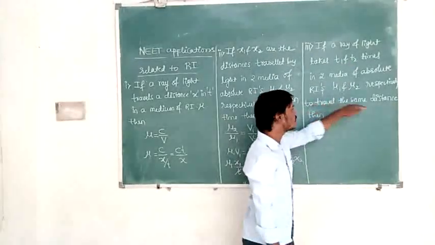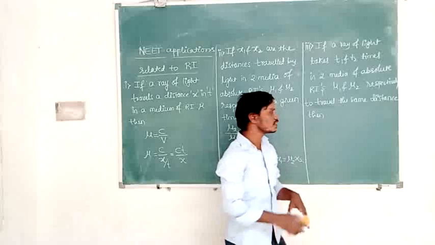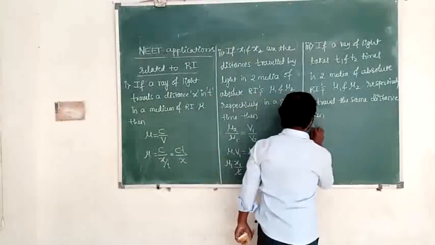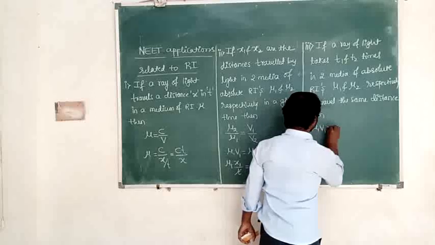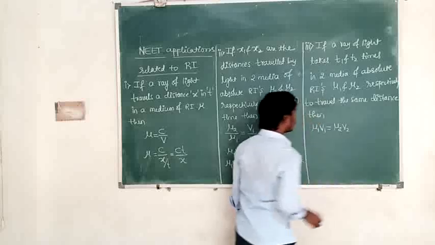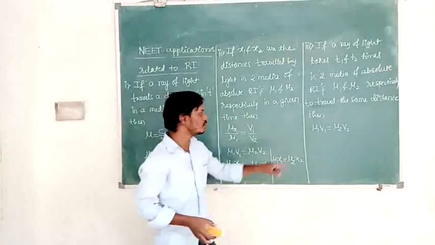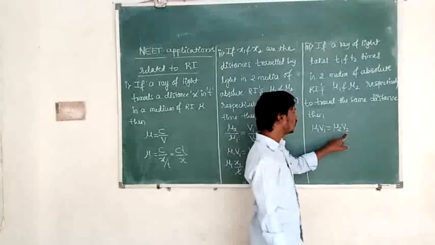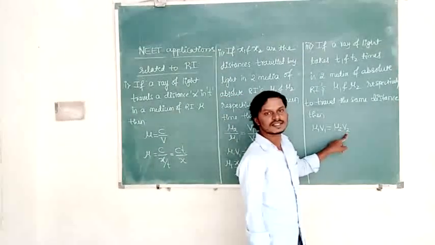The distance travelled is the same. Then how to write the relation? Again by using mu1 into v1 is equal to mu2 into v2, where v1 is the speed of light in the first medium and v2 is the speed of light in the second medium.